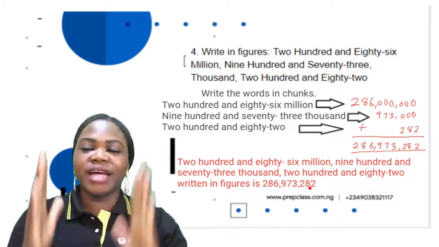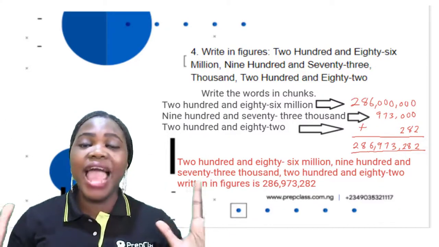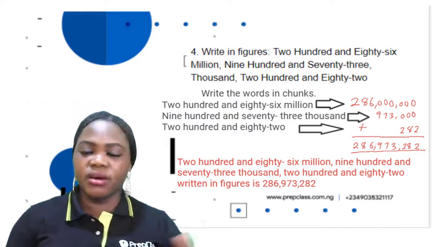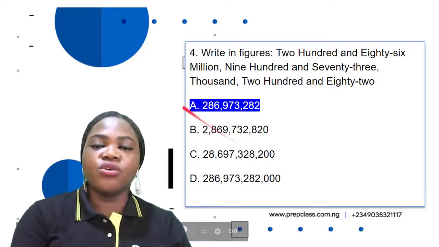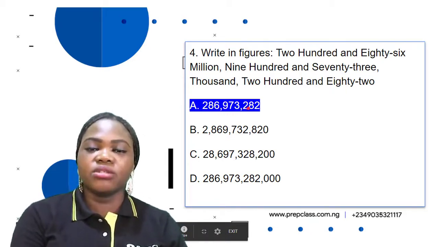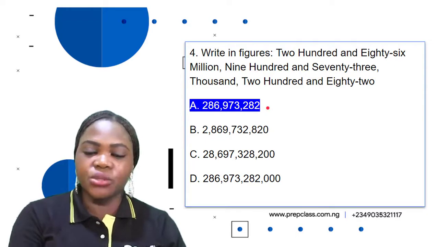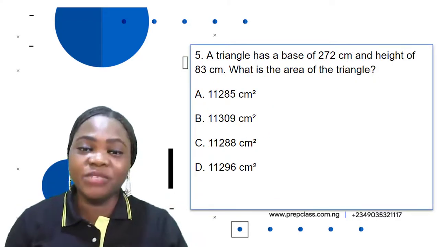So just write the numbers in chunks and then you add them together to be able to write any number in figures. Okay, so the correct option is A, 286,973,282. So let's move on to number 5, which is the last question in this video.